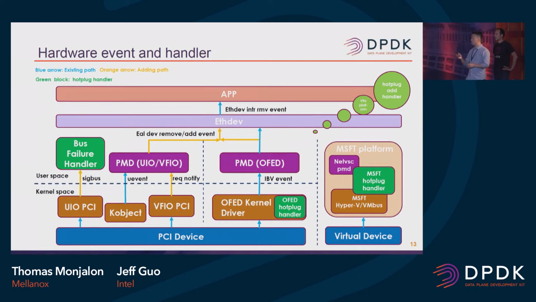And for the VFIO PCI, it has a special mechanism to guarantee the device will not be deleted on the kernel side until the userspace releases the resources. So we should detect this device release request notify interrupt.